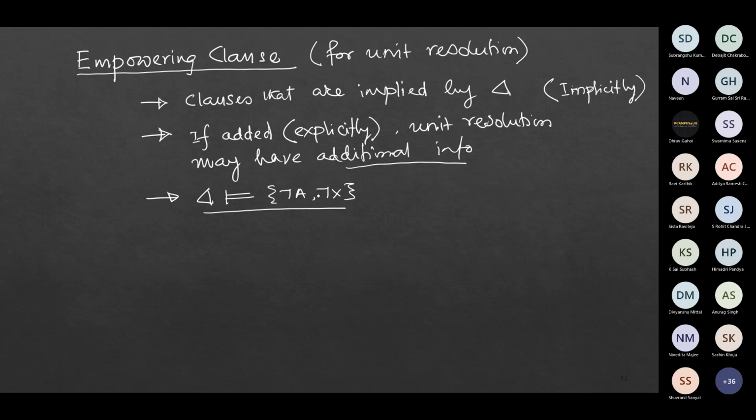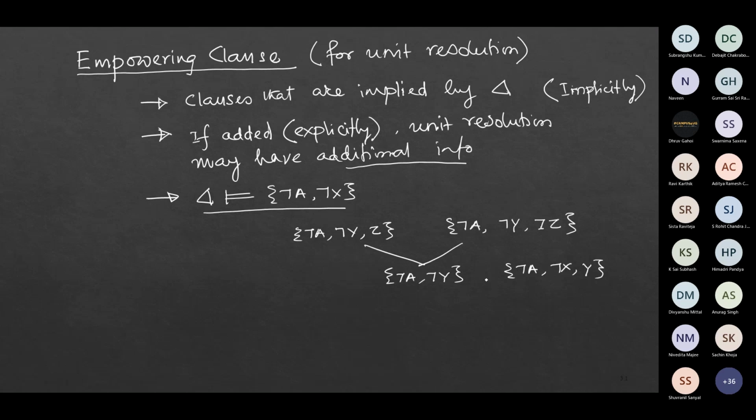So let me try to prove this. Right? We had these two: not of A, not of Y, and Z; and not of A, not of Y, and not of Z. From this, we can infer not of A, not of Y. And we had another clause, that is not of A, not of X, and Y. Now these two we can combine to get not of A or not of X. So this is implied.